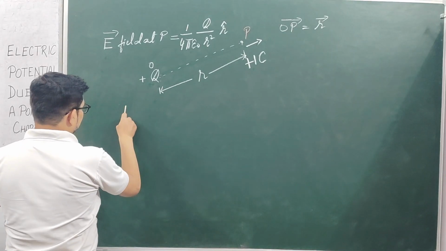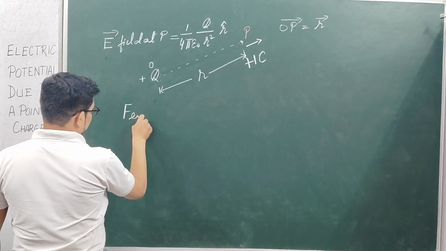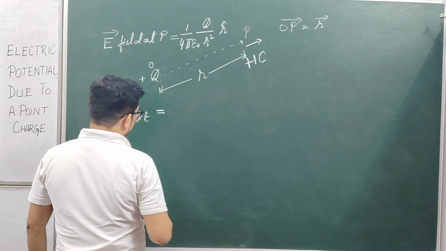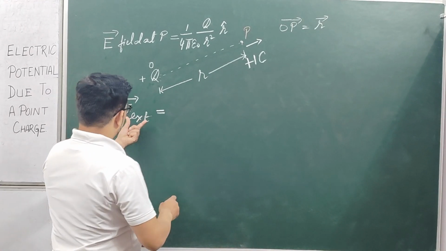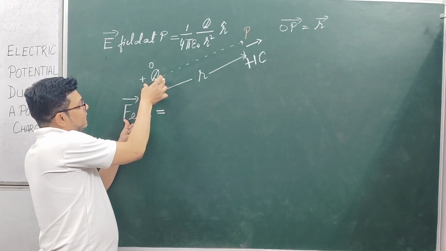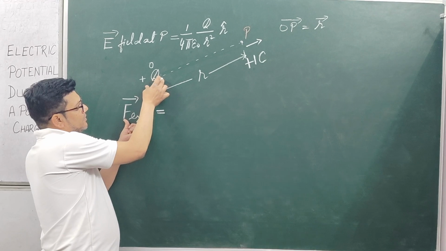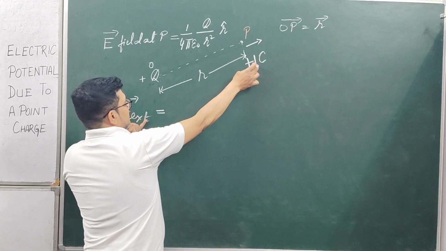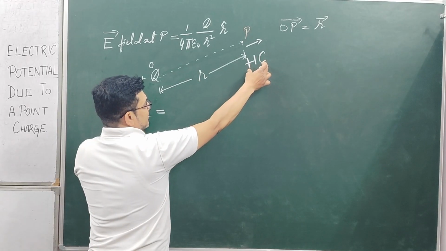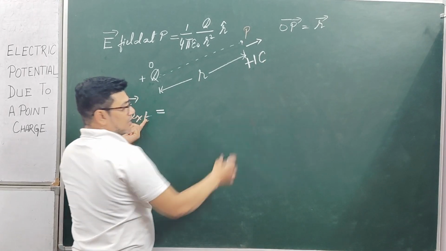So from the definition, we know that this force external should be equal to, this force external exactly should match with the electrostatic force that this Q is going to exert on this. So electric field definition is this electrostatic force per unit charge.